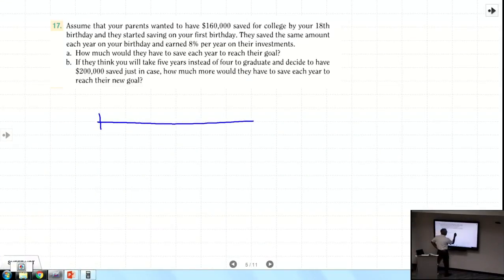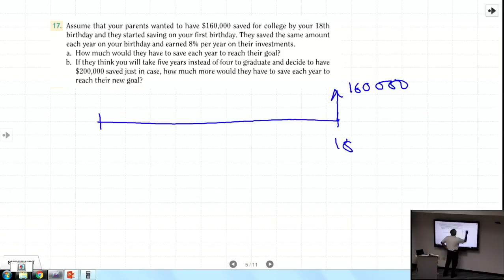So now, for your 18th birthday, in year 18, your parents need $160,000 to send you to college. How much would they save in each of these years? 1, 2, 3, 4, all the way till 18.